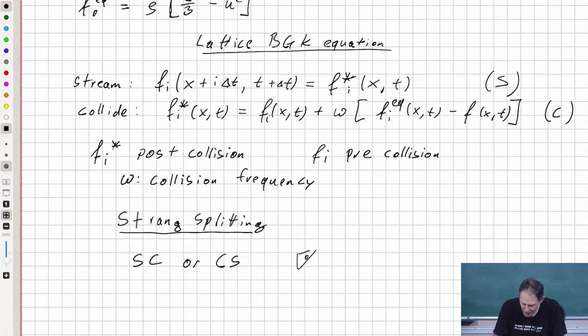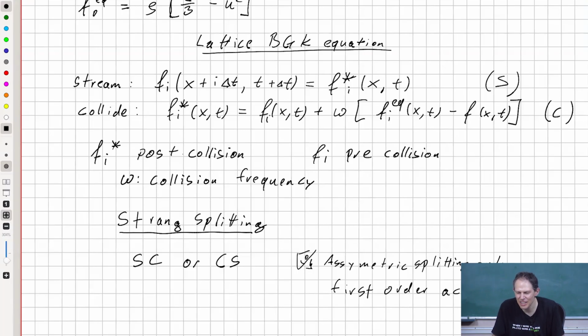So we make the thing asymmetric. And when we make an asymmetric splitting, our methods will be only first order accurate. And if you use first order accurate methods and go to a scientific conference, you will get told that you're incompetent.